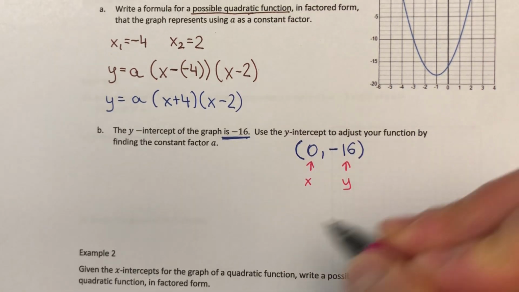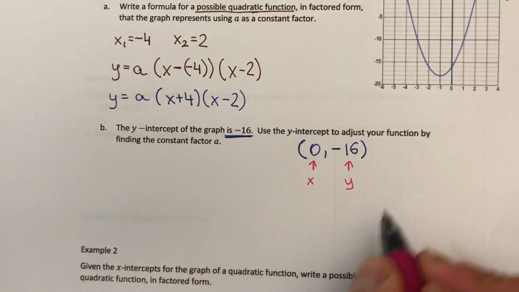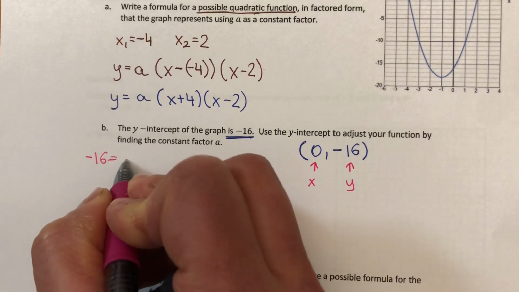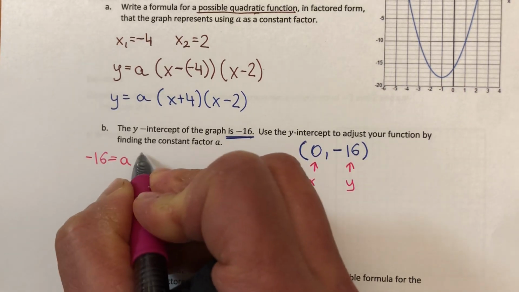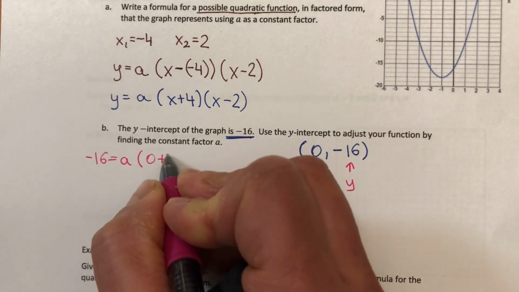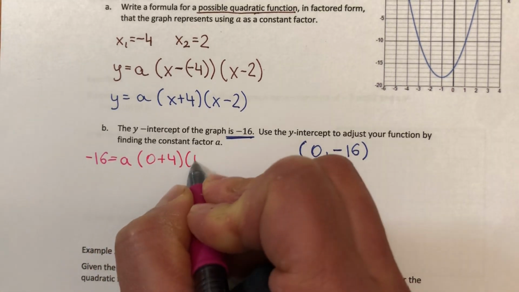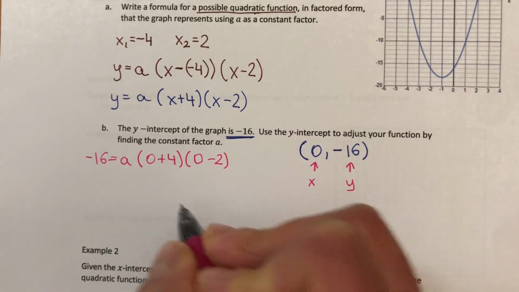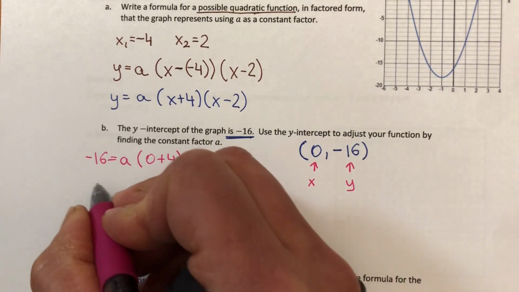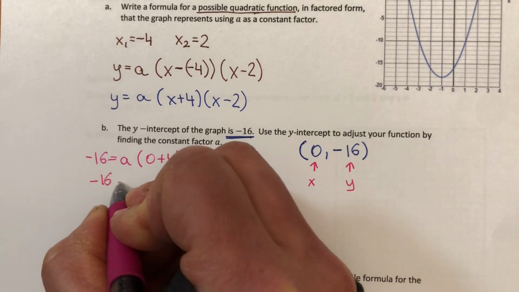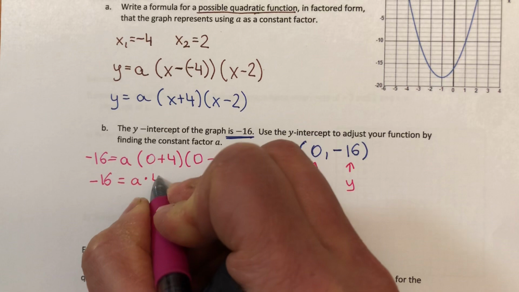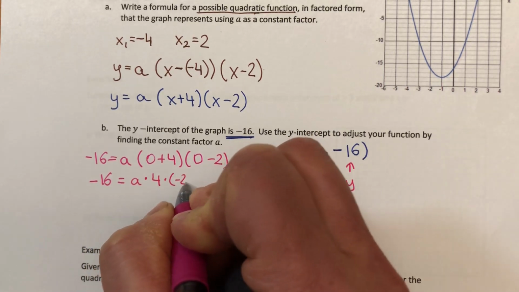When you plug it into our function, y is -16, a is what we want to find, and x is 0. Notice in this equation the only unknown is a, and that is exactly what I want to find. A times 4 times -2.